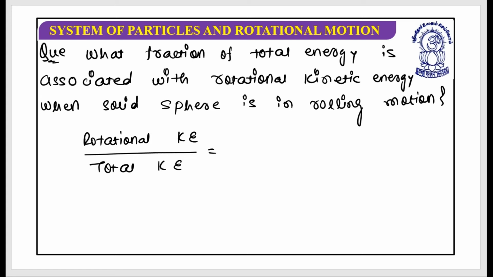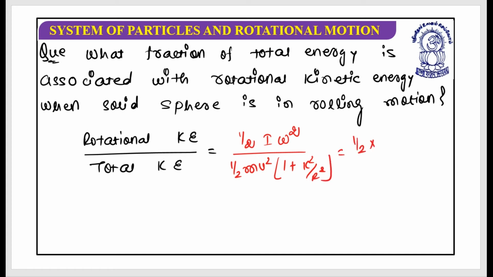Now when I say rotational kinetic energy, I'm talking about half I omega square divided by total kinetic energy, which is half mv square into bracket 1 plus k square by r square. So this equals half into I, which is mk square, multiplied by omega, which is v square by r square, divided by half mv square into bracket 1 plus k square by r square.